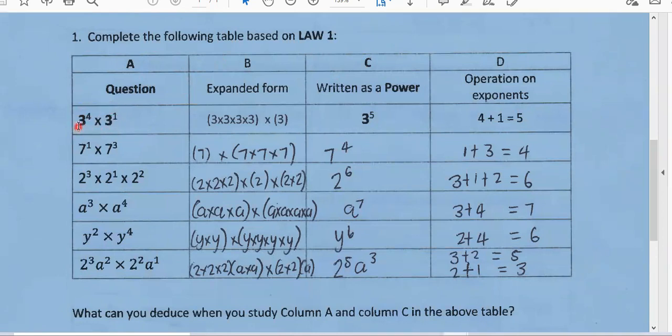In this case, my base is 3, and my base is 3. In other words, if you are multiplying bases that are the same, you write down the base and you only add the exponents. That's how we got 5 as our exponent, because we wrote the base, which was 3. Then we added the 4 plus the 1 to give you an answer of 5.